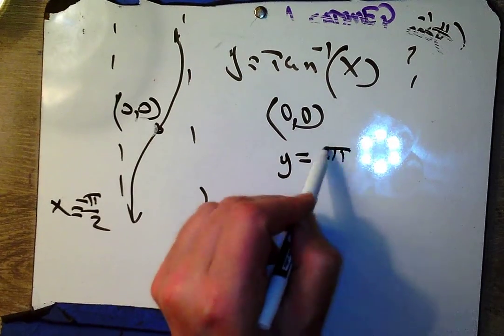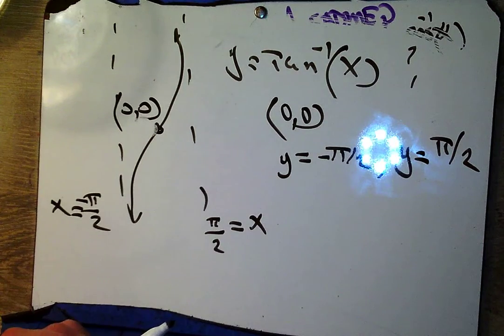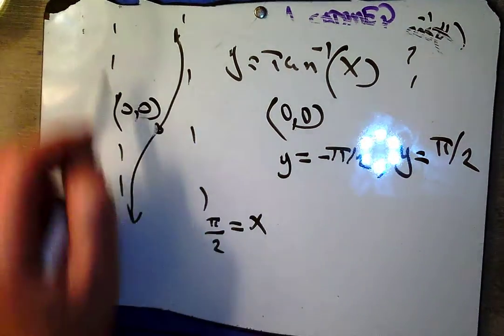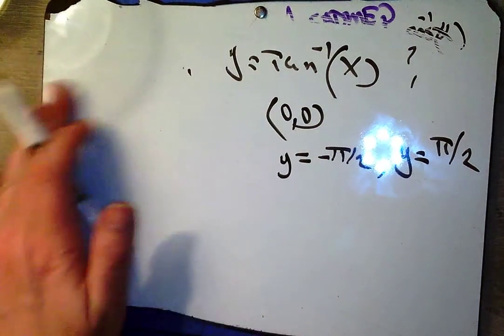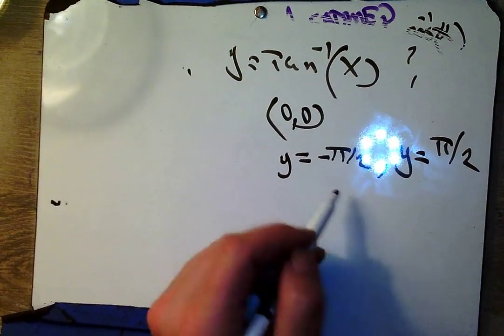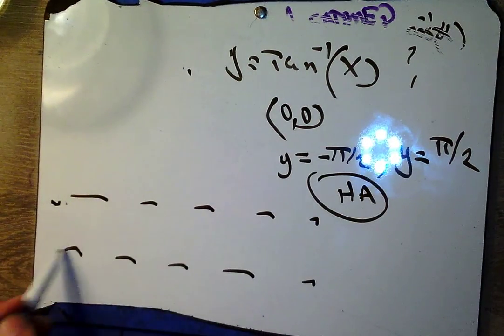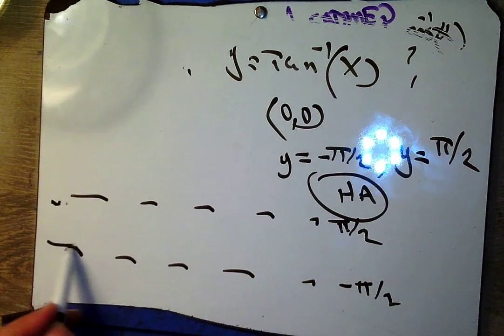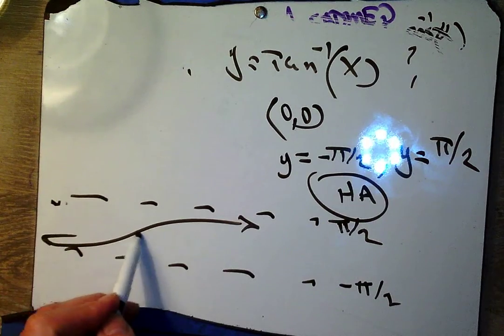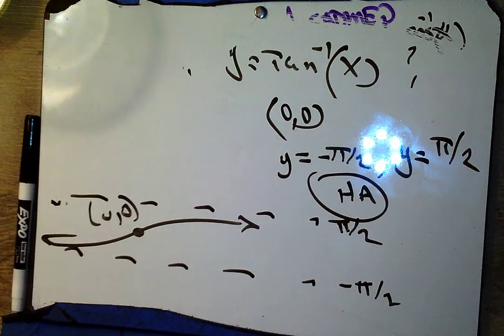Y equals negative pi over 2. Y equals positive pi over 2. X equals a number is a vertical. Y equals a number? Yeah, y equals a number. These are horizontal asymptotes. So we've got negative pi over 2, we've got positive pi over 2. We have our characteristic shape. We have 0, 0. Okay, so there's your reference graph for inverse tangent.